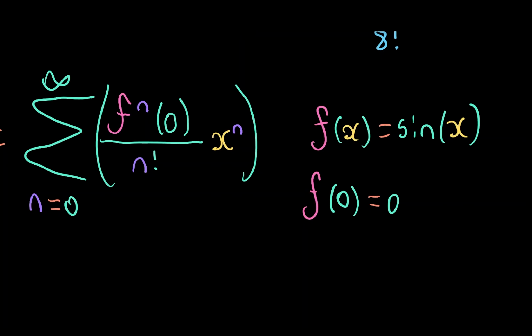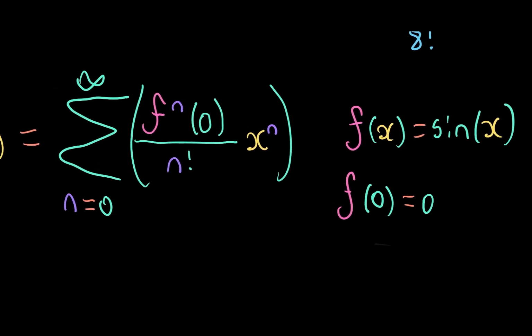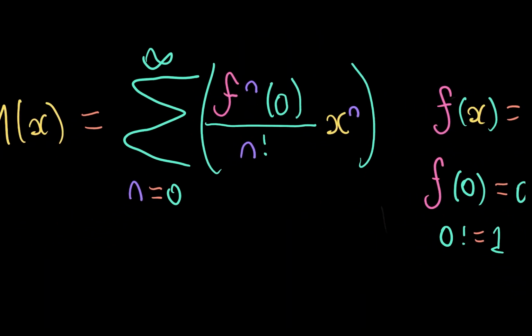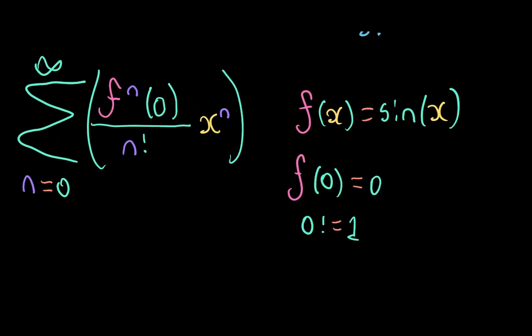Okay, and then it says n factorial, 0 factorial, is equal to 1. Okay, and then x to the power of 0, anything to the power of 0 is 1. So then that becomes times 1.